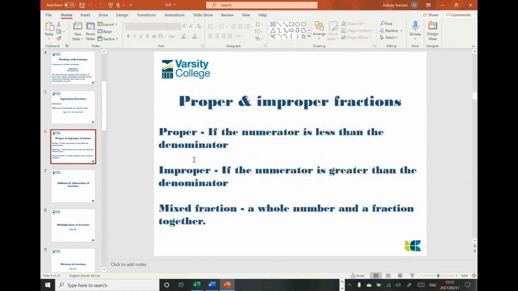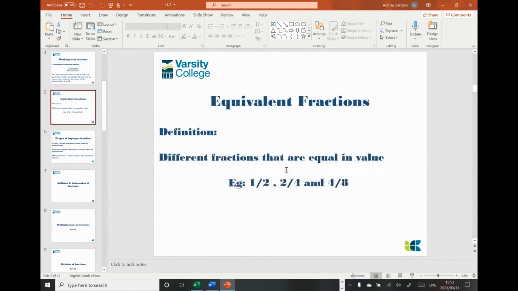Then we have proper and improper fractions. Proper fractions are where the numerator is less than the denominator. The fractions we've been looking at so far are all proper fractions.